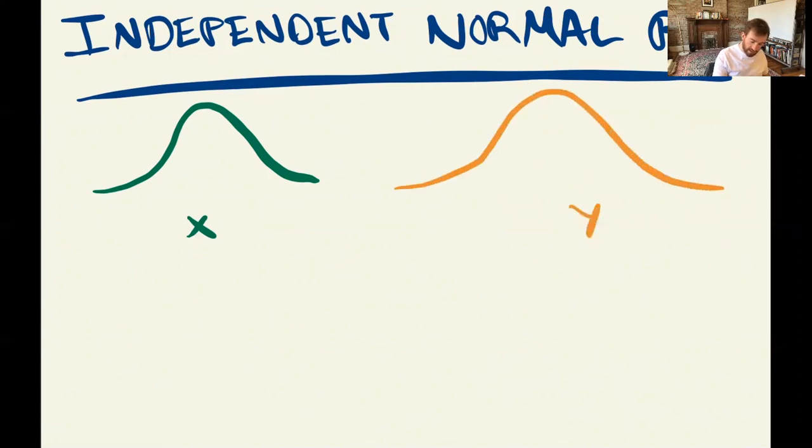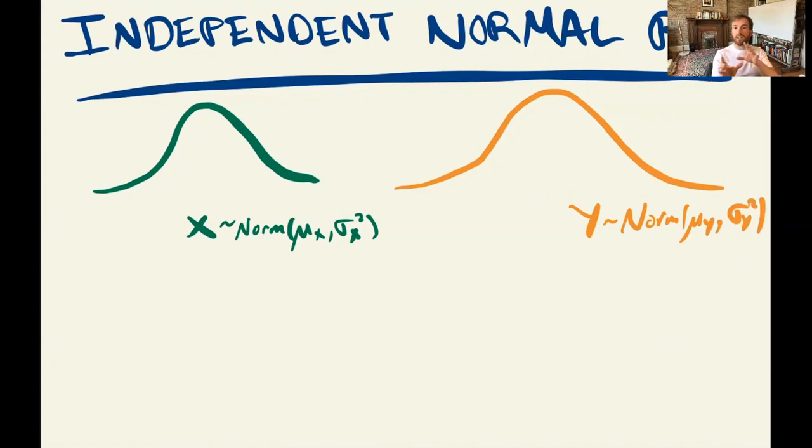So here I've got X, let's say, normally distributed with mean mu x and variance sigma x squared. And I've got Y, which is normally distributed about mu y and sigma y squared. How do they vary jointly? And let's assume they're independent.